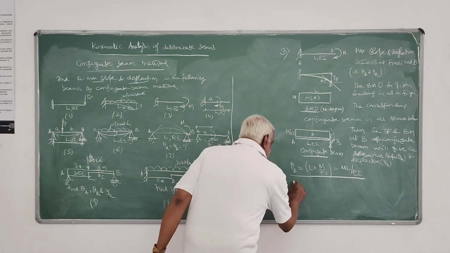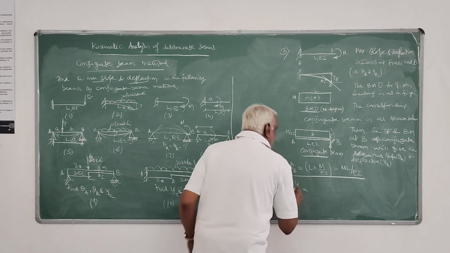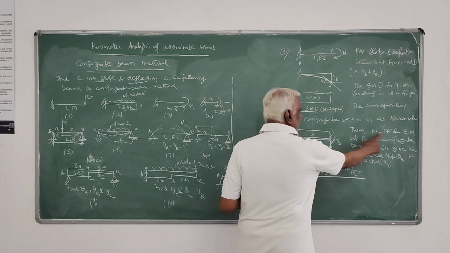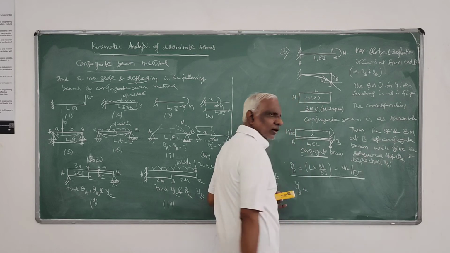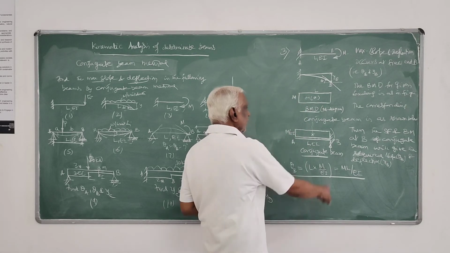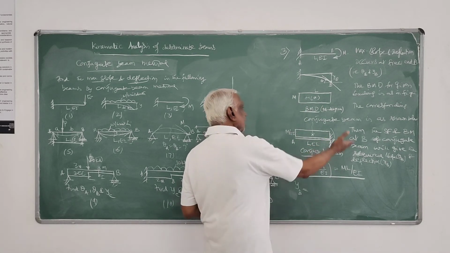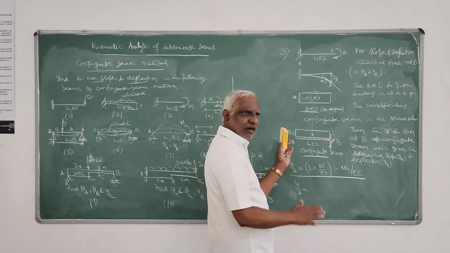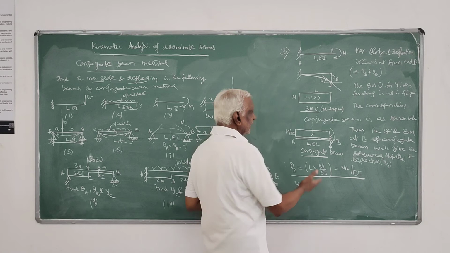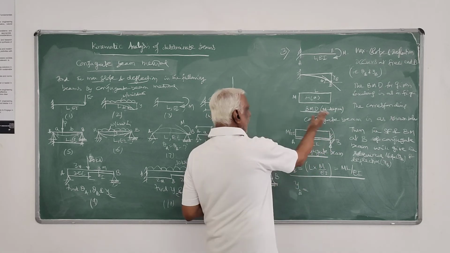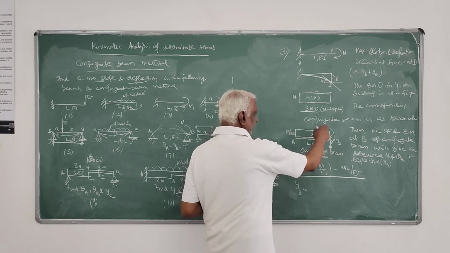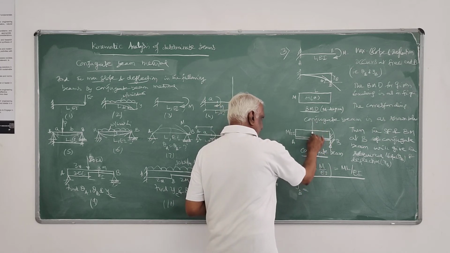And the deflection, YB, is nothing but the bending moment at B. That's what I have told here: shear force and bending moment at B. How do you define bending moment at B? It is the algebraic sum of all moments due to all loads, either towards the left or right of that section. Here it is only towards the left, so only one load is there. Moment due to that load is ML by EI into L by 2.